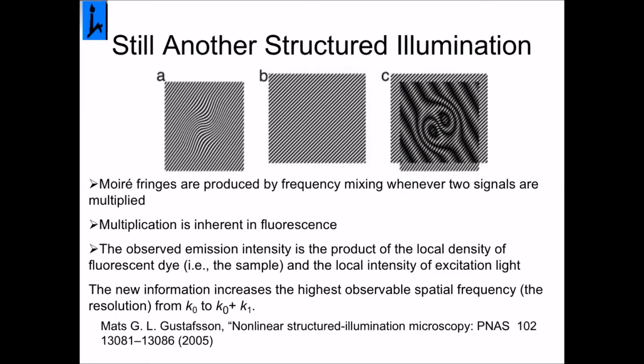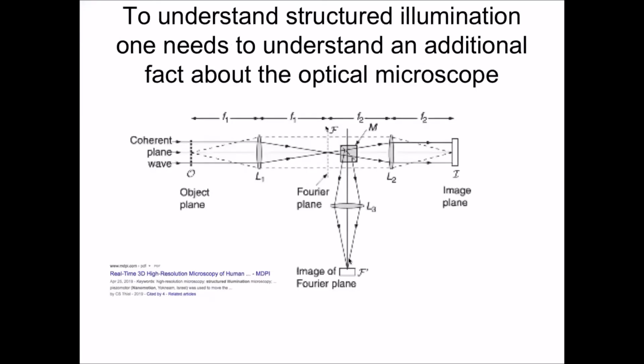Now, there's still another method, which is really an elegant method. Okay? It's called structured illumination. And this is the place where nanomotion stages are used. Okay? And in fact, here's one of the references. See, nanomotion Yokneam. Okay? So in order to understand structured illumination, and I put the reference here before I explained it to you, because now I'm going to explain a few slides, okay?